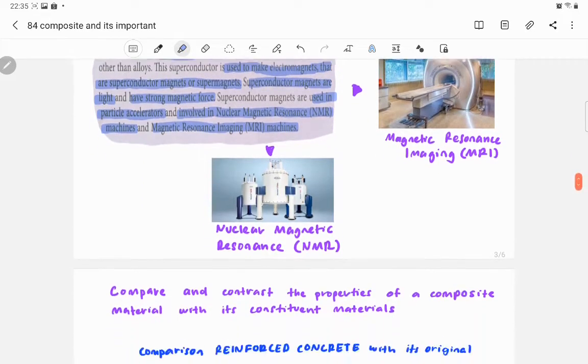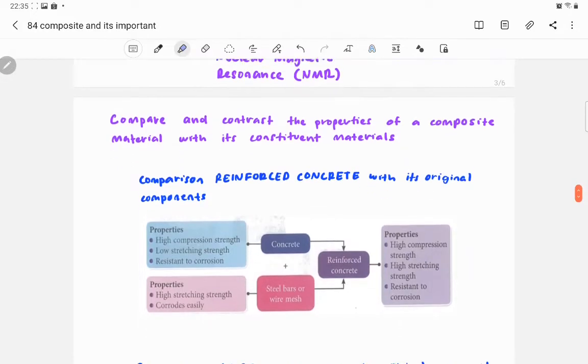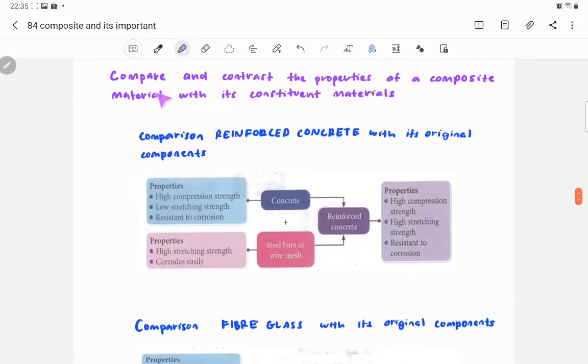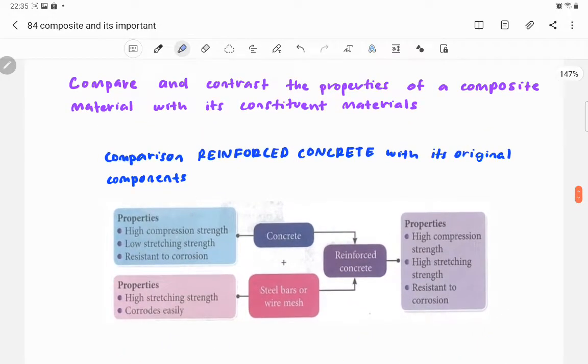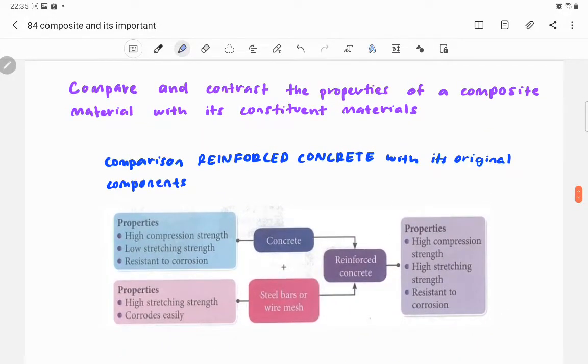So we proceed with comparing and contrasting the properties of composite material with its constituent materials. So constituent ni maksudnya dia punya komponen lah. Alright. So kita tengok dulu comparison reinforced concrete with its original component.